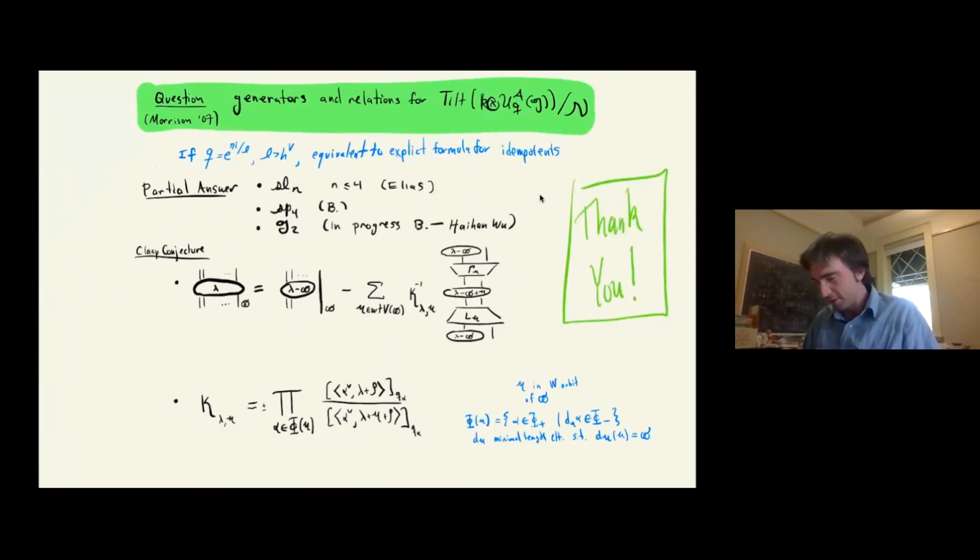Very little is known except for in these very small cases, and it'd be interesting if other people were thinking about this. So I just wanted to advertise it.